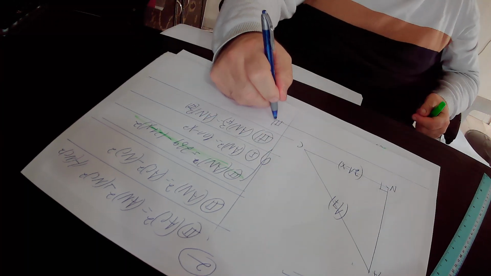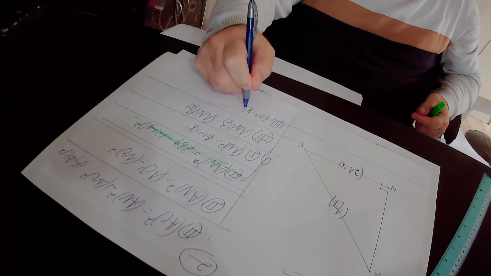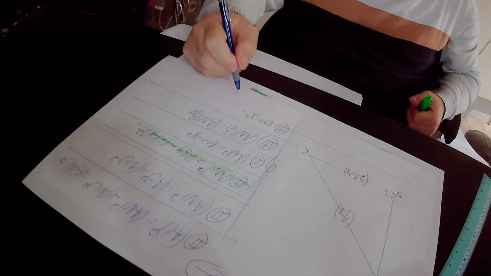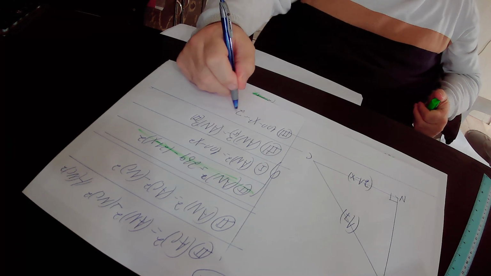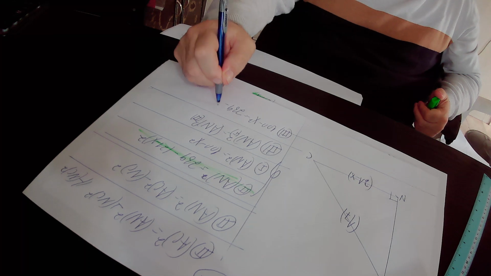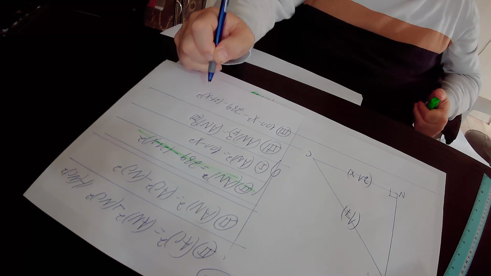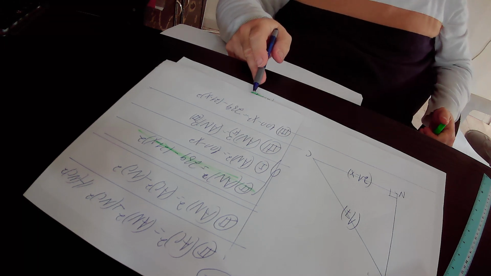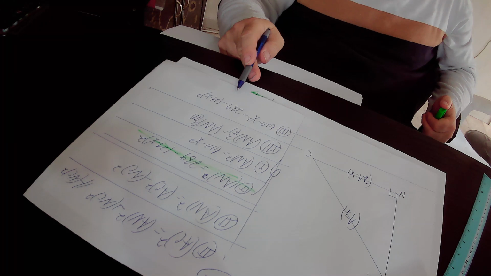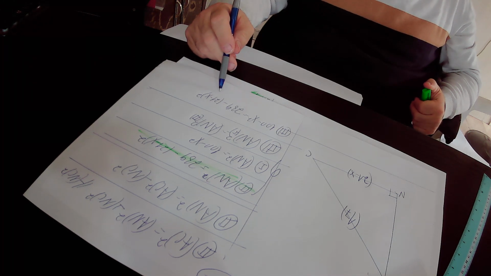AN squared according to equation 1 equals 100 minus x squared, and it must be equal to AN squared according to equation 2, which equals 289 minus (21 minus x) squared. So according to equation 3, 100 minus x squared equals 289 minus (21 minus x) squared. We'll open the brackets of this expression.